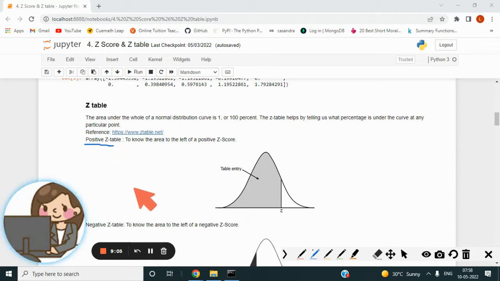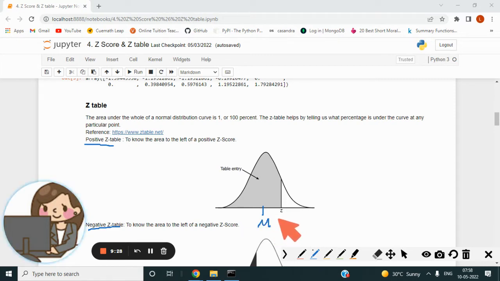The two are the positive z-table and the negative z-table. There are other versions, which are the left z-table and right z-table, but the easiest ones are the positive and negative z-tables. So this is the mean, which is always in the middle.